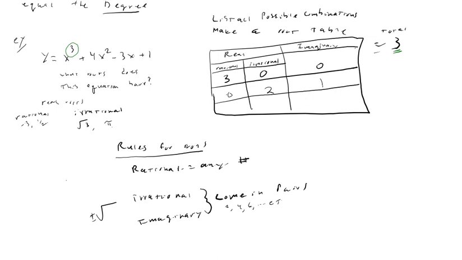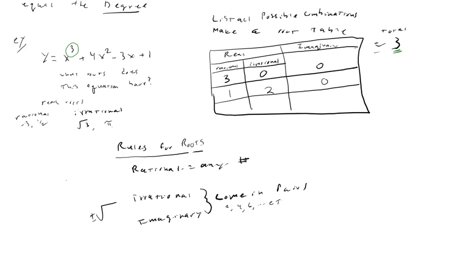Yes, this says rules for roots. If I have two irrational roots, can I have one imaginary? No. They have to come in pairs. I can't have one imaginary. I would have to have one rational and no imaginary. So you have to follow these rules and decide which combination you're going to have.